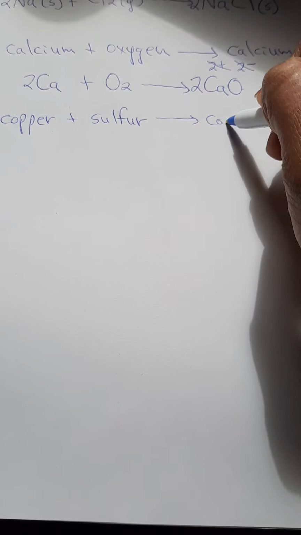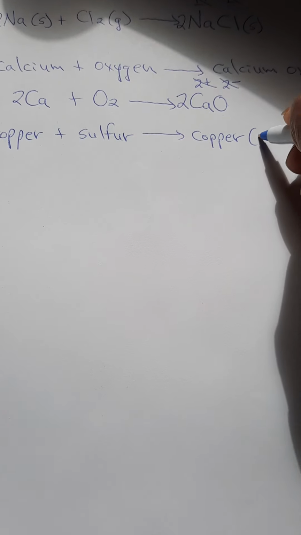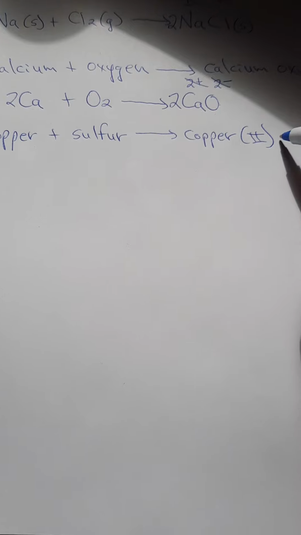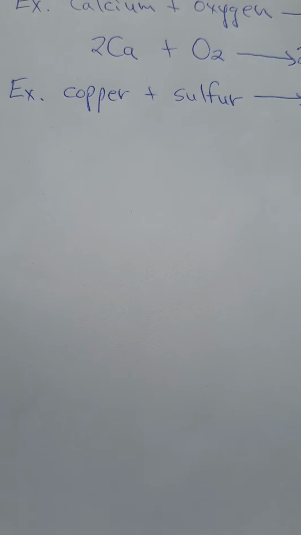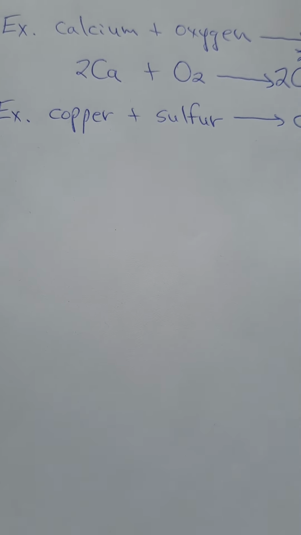In this case, it can be 1 plus or 2 plus. Let's try 2 plus. If this copper has a charge of 2 plus, I'm going to put copper 2 and then sulfide. Everyone see that? Again, the teacher will just indicate what the actual charge is on your transition elements, and just go with that.